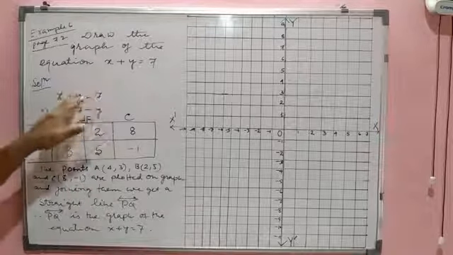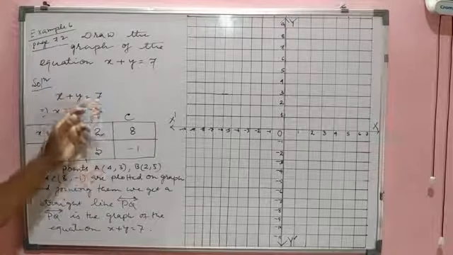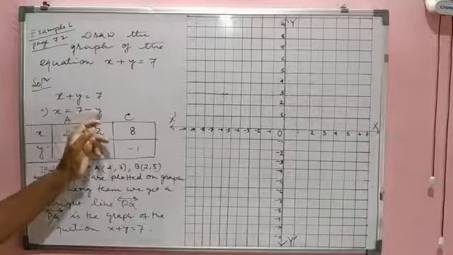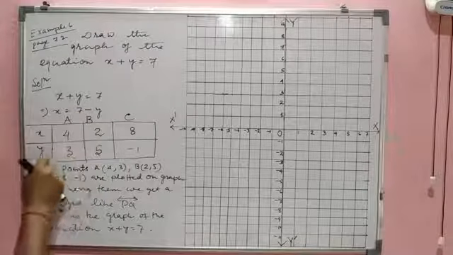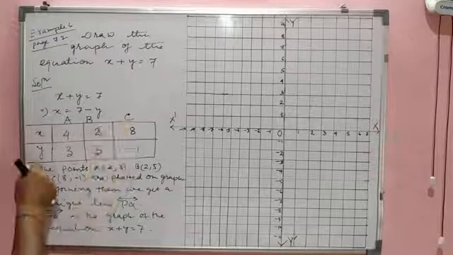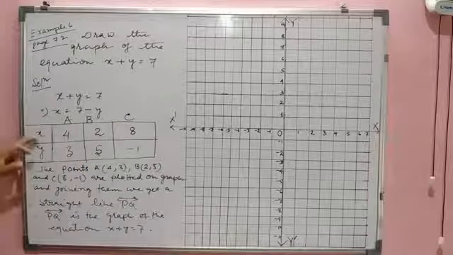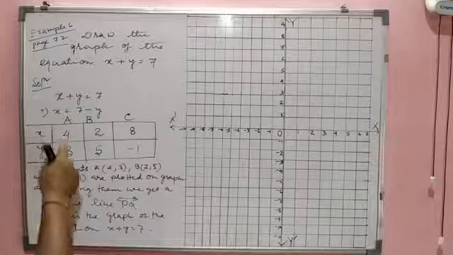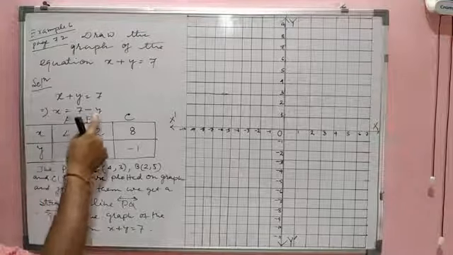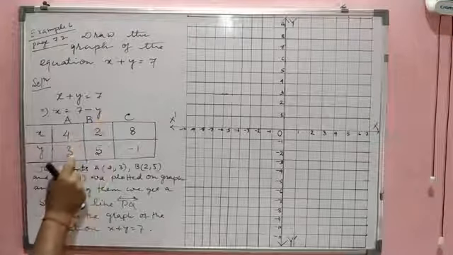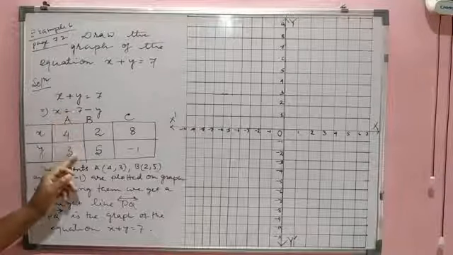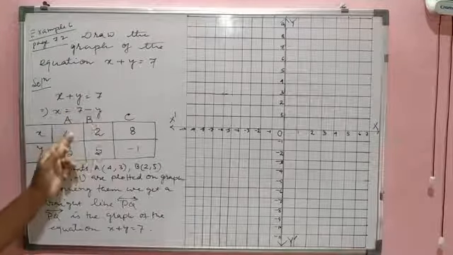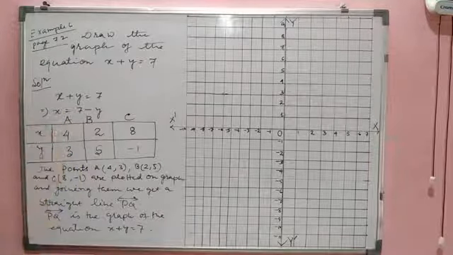So here x plus y equal to 7, let us transfer y that side. So x equal to 7 minus y. Now I am making the pair of solution. If I put here value of y as 3, then 7 minus 3 equal to 4, the value of x will be 4.